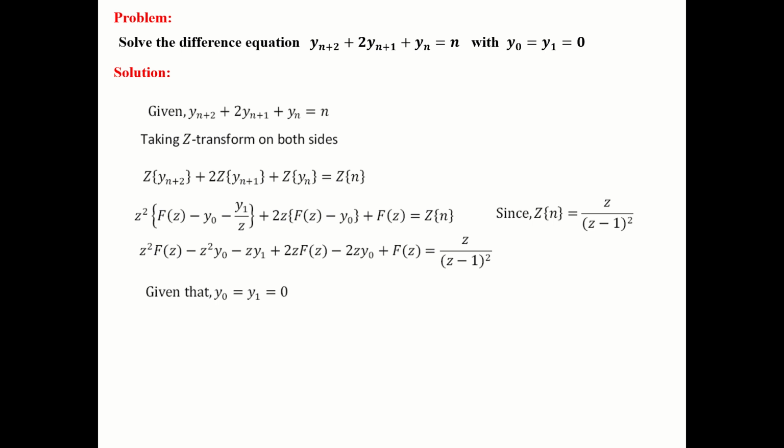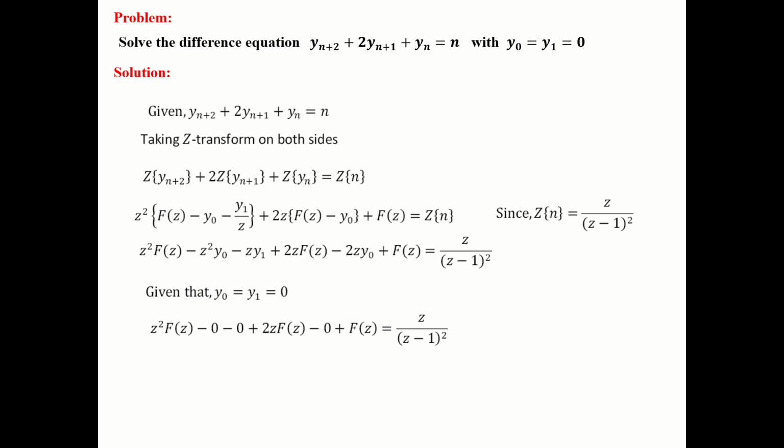So now we are using the initial conditions, y0 = y1 = 0. Substituting these values: z² F(z) - z²·0 gives 0, the third term z·y1 with y1 = 0 gives 0, and the fourth term 2z F(z) - 2z·y0 with y0 = 0 gives 0.